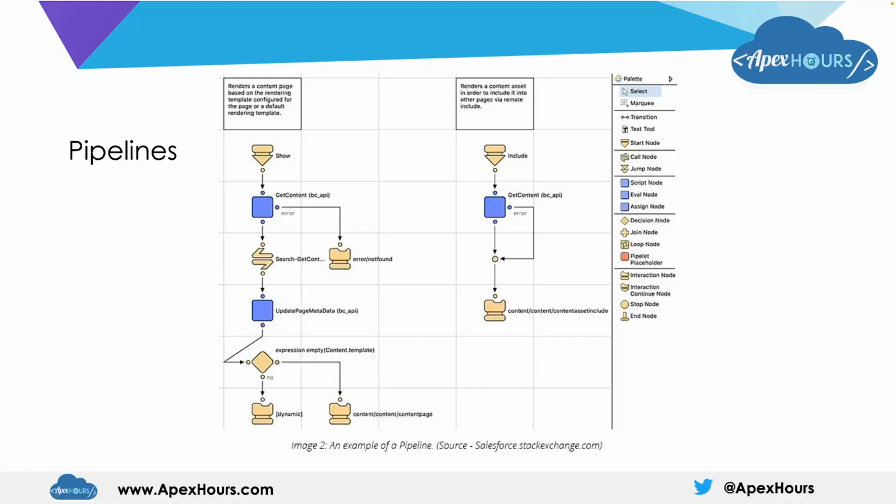We see a sub pipeline being called, a concept that also exists in Flow. Search get cont, which probably means search get content, to search for related content to this page. So if you're looking at an FAQ, there might be some other questions that relate to this one that we want to render on the page that the customer is looking at.